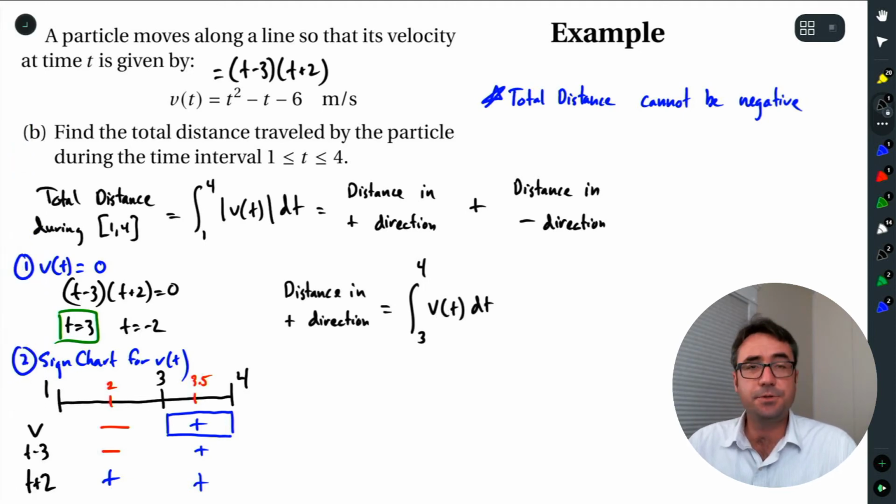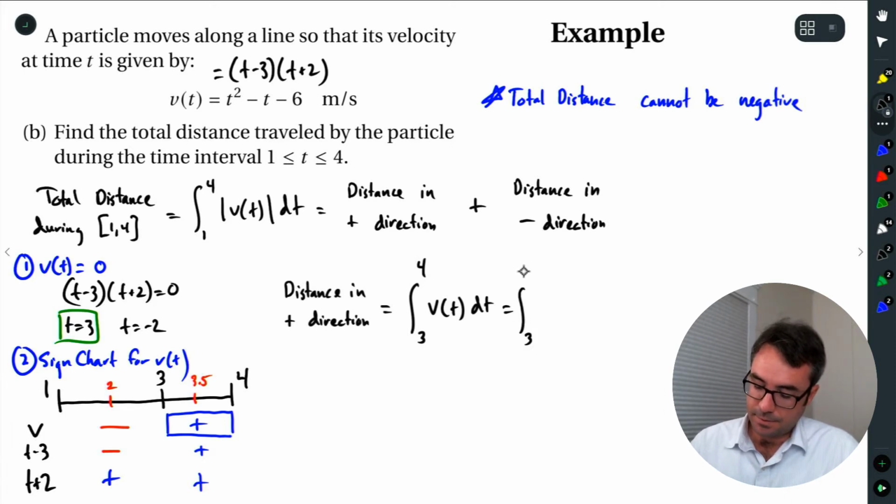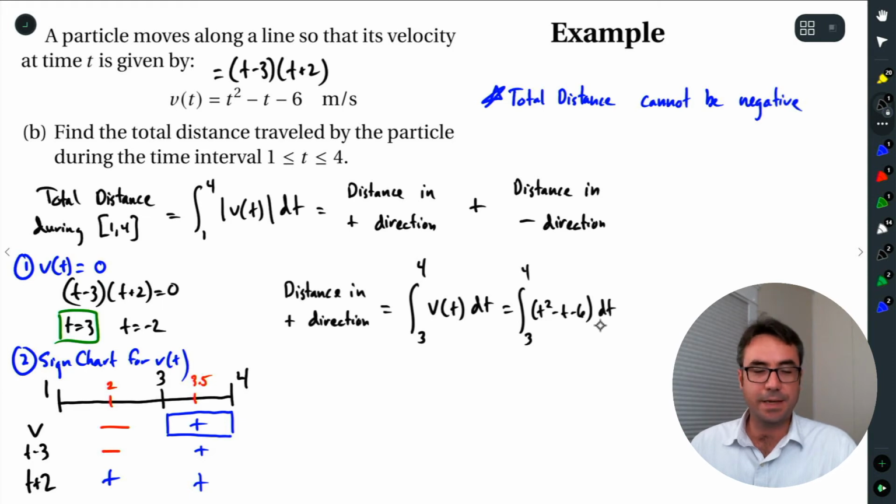All right, so let's do that calculation. We're going to use our velocity function here, which is t squared minus t minus 6. And what do we get? We won't go through the details here. Very similar to what we did for the integration and displacement there. But what we get here is 17 over 6.